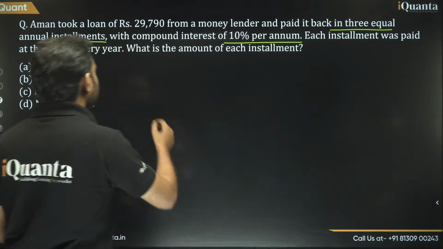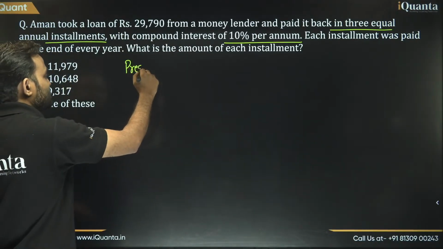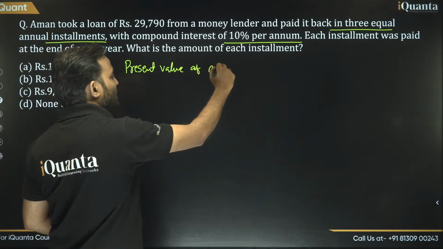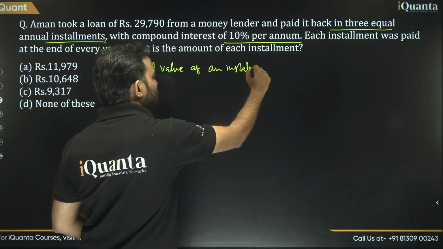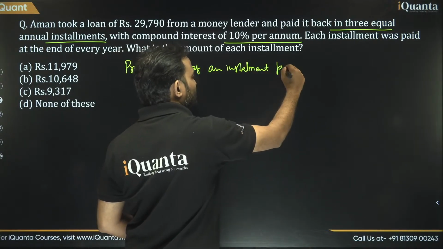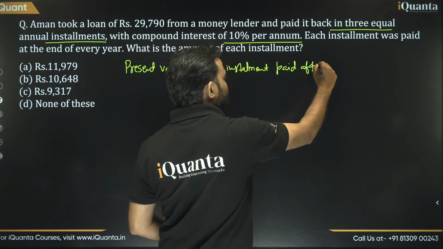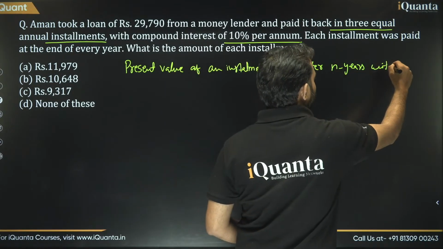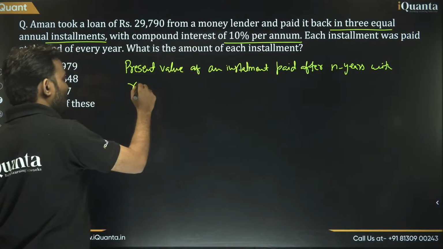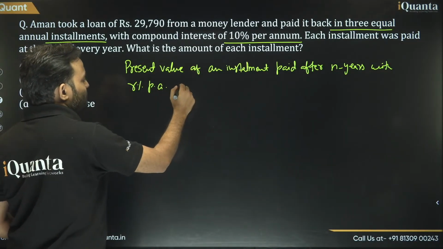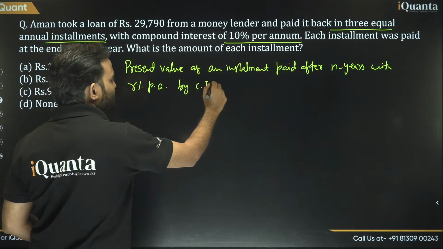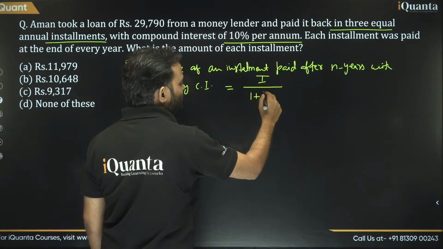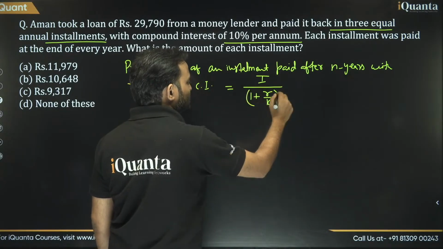So one thing that you should know, that the present value of an installment paid after n years, with R% per annum by compound interest is equal to installment I divided by 1 plus R by 100 to the power n.